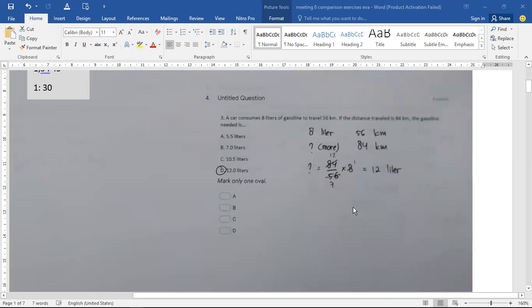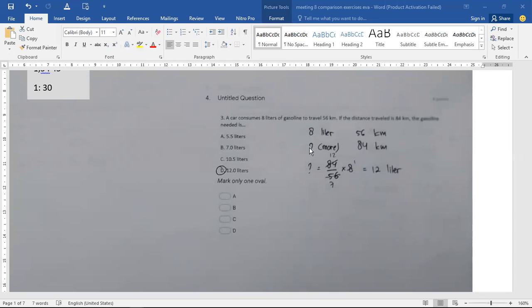Next question. A car consumes 8 liters of gasoline to travel 56 kilometers. And then the distance changed into 84. So the gasoline that needed, I can write it like this. So 8 liter for 56 kilometer. And then how many liter for 84 kilometer?